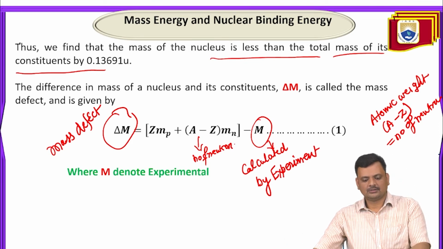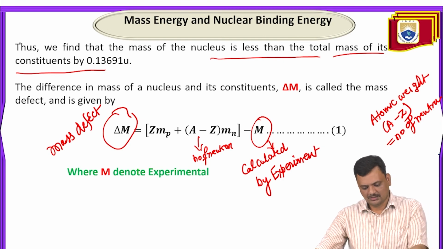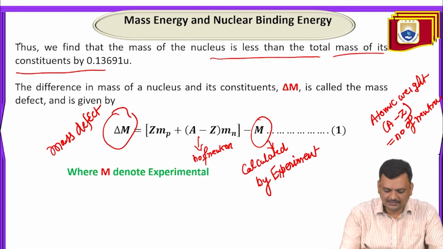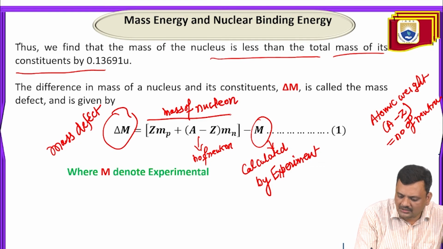Okay. So Z M_P plus (A minus Z) M_N, where M means mass of nucleon, that is the whole.